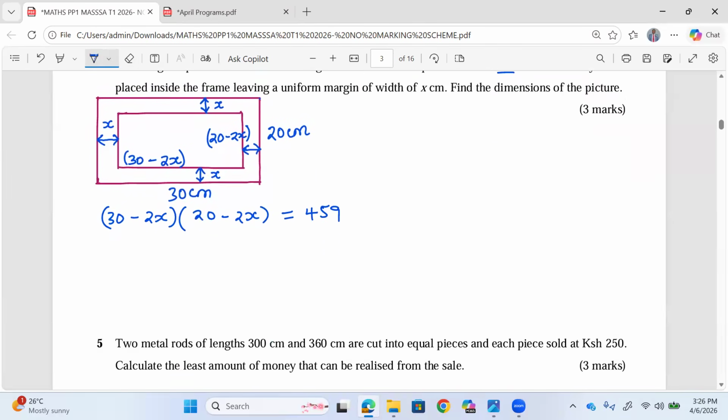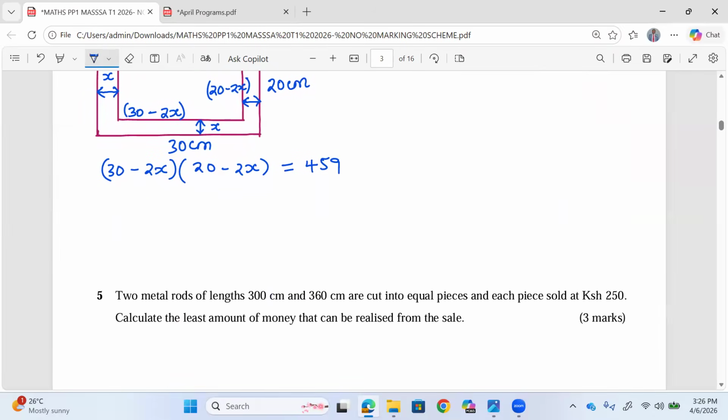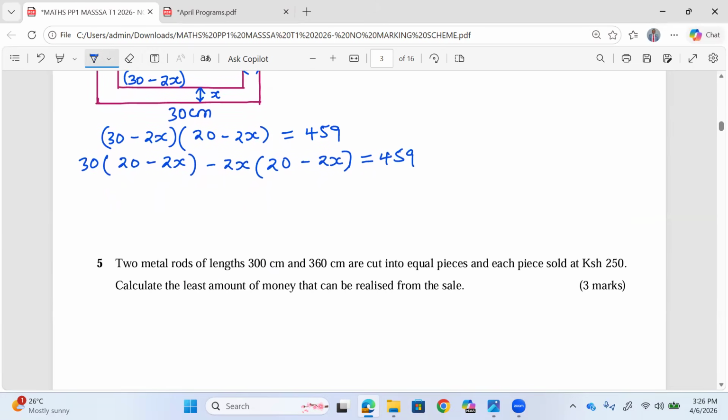So can we find the value of x? 30 times everything in the second bracket, then negative 2x times everything in the second bracket, equals 459.